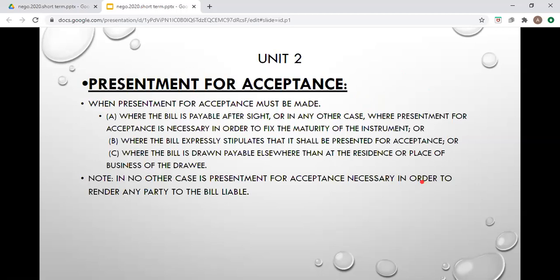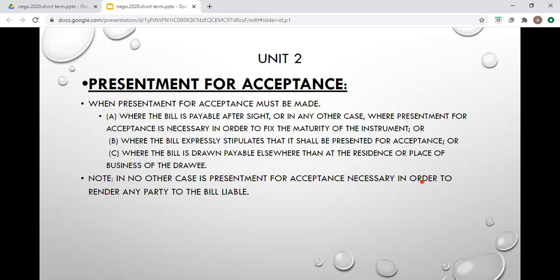And then letter C, where the bill is drawn payable elsewhere other than the place of business or residence of the drawee. So, for example, drawee is a resident of Baguio City, but then the instrument states that it shall be paid, let us say, in Manila, then in that case, you have to present it for acceptance even if it's not payable at a fixed period after sight, even if it was not expressly stipulated that it's to be presented for acceptance.